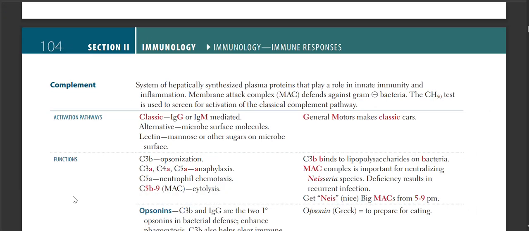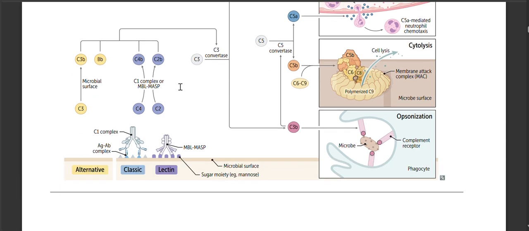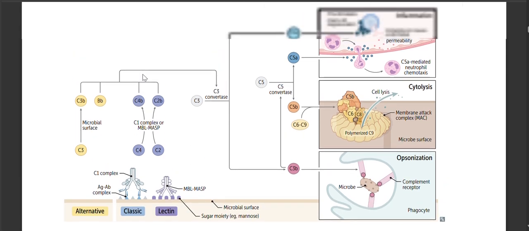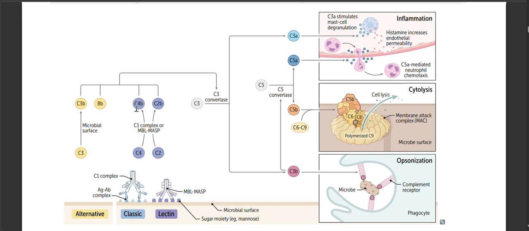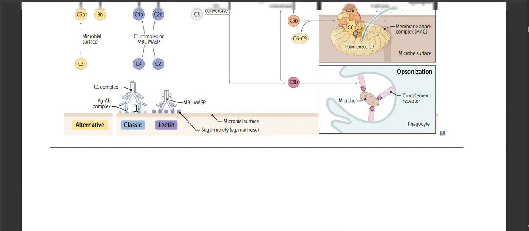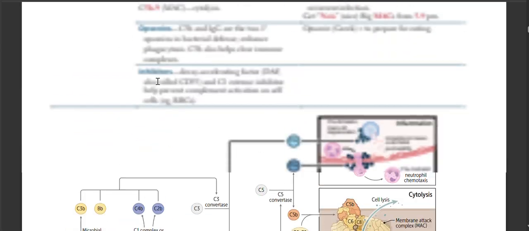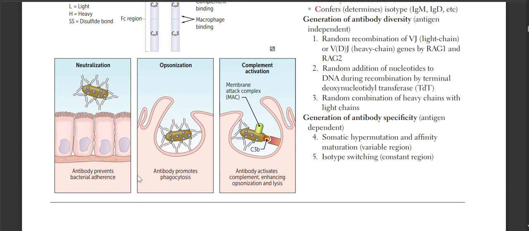There are three pathways of activation, and this is the pathway for complement. You don't need to remember all of this, so that's good. There are only one or two things and some proteins that you need to remember. But those are the three things that antibodies can do. They can neutralize a bacteria, they can opsonize a bacteria, and they can activate complement.